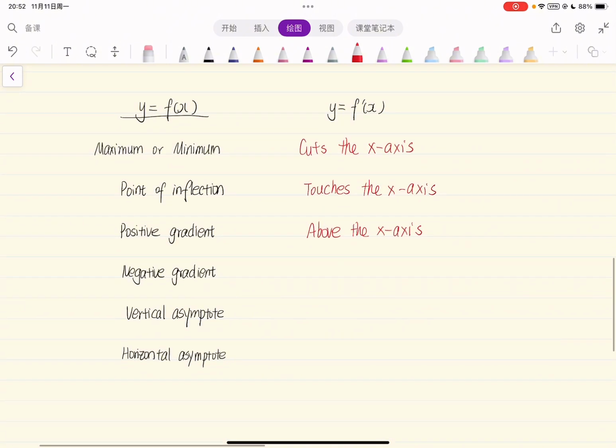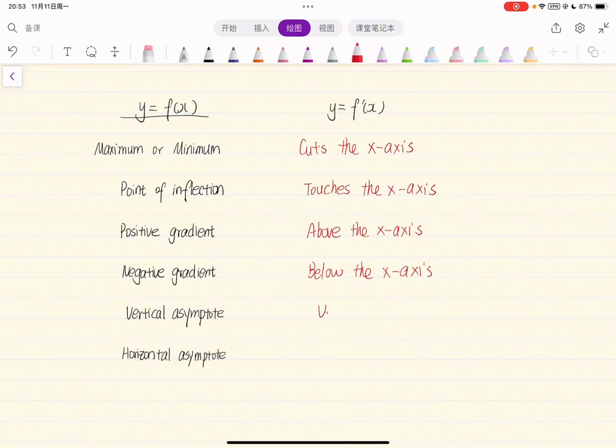On the other hand, if the curve of the function has a negative gradient, the curve of the gradient function should be below the x-axis. If the curve of the function has vertical asymptotes, it does not change in the gradient function.